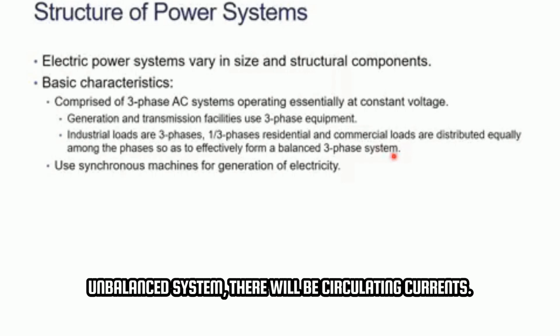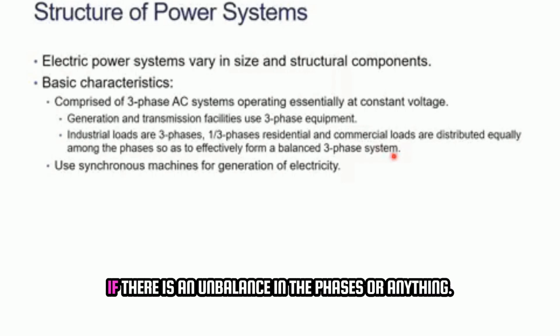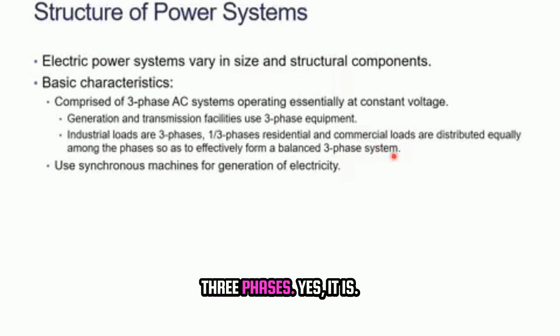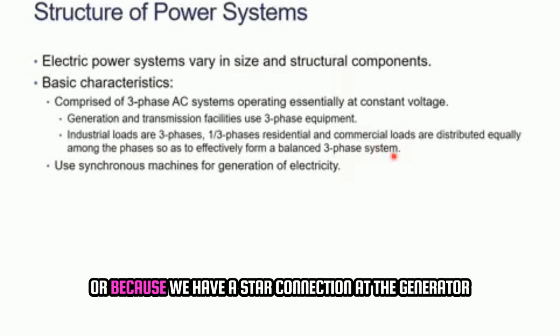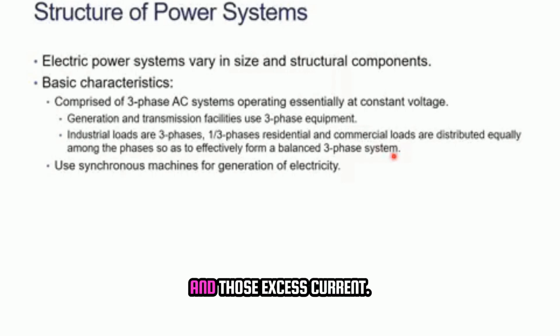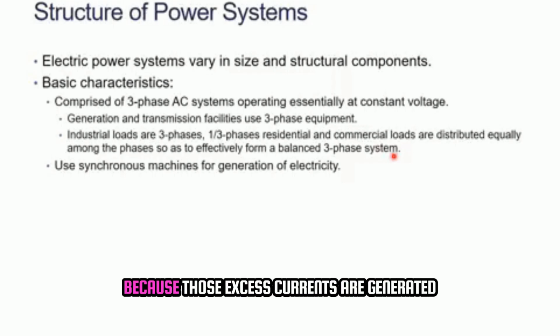Sir, there will be circulating currents if there is an unbalance in the three phases. Yes, it is actually circulating current, or because we have a star connection at the generator side, there will be current flowing in the neutral wire, and those excess currents are generated because of the generator movement.